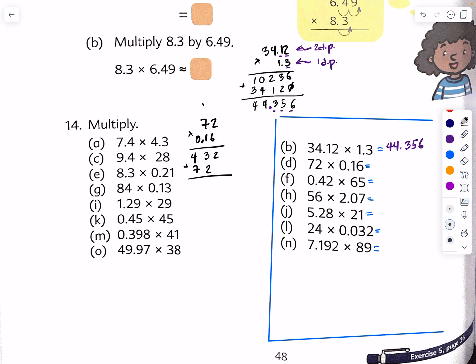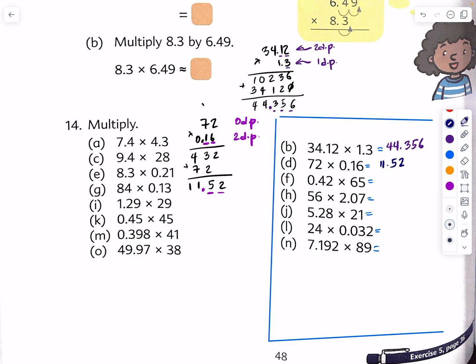And now let's add up the partial products. 2, 5, and 11. Now let's add up the decimal places properly. We have 0 decimal places in the top factor. We have 2 decimal places in the second factor, and therefore total of 2 decimal places. We will have 11.52 hundredths, and so on.